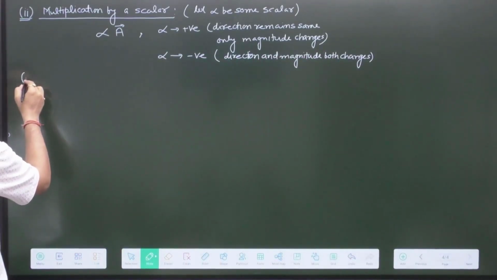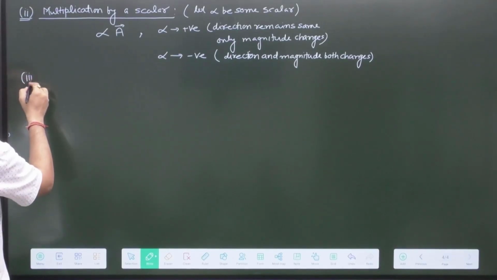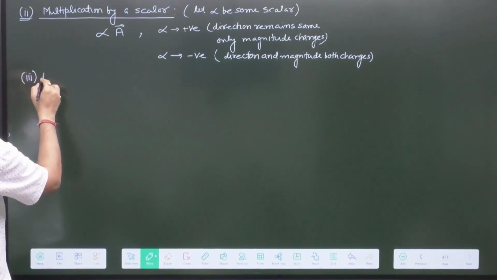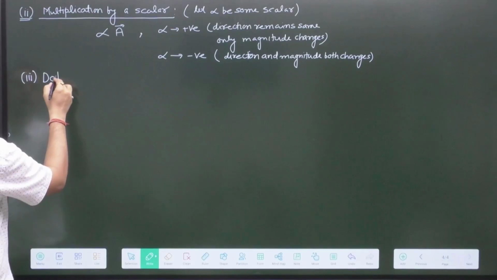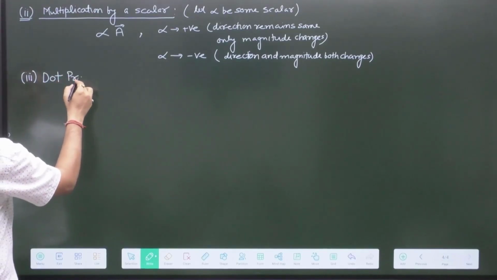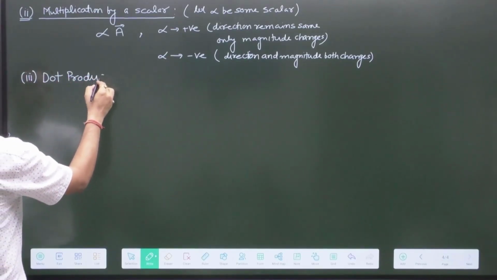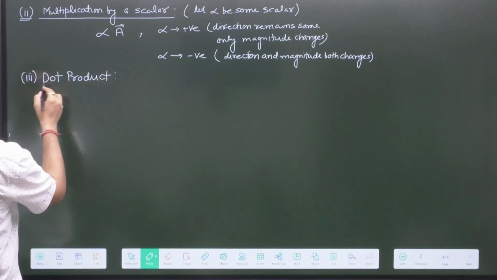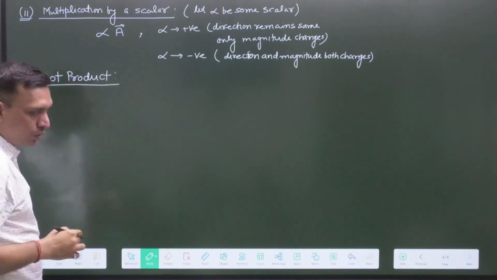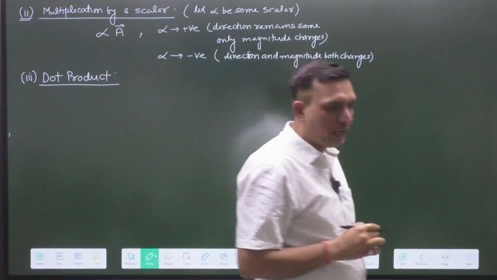Next thing that you must know is the dot product. Dot product of two vectors.